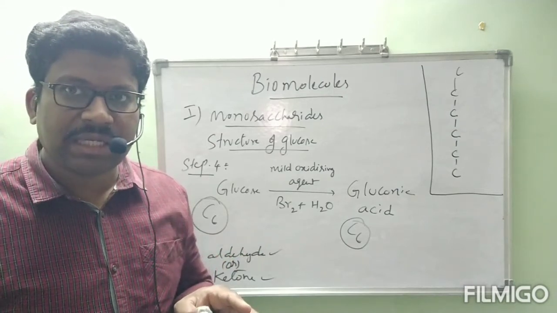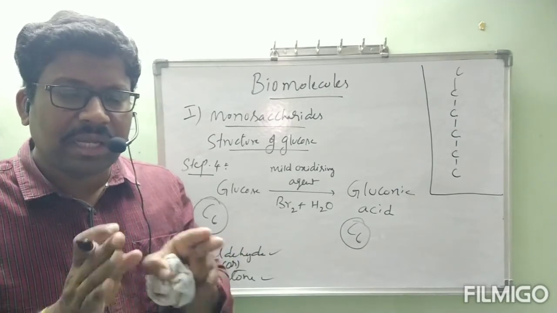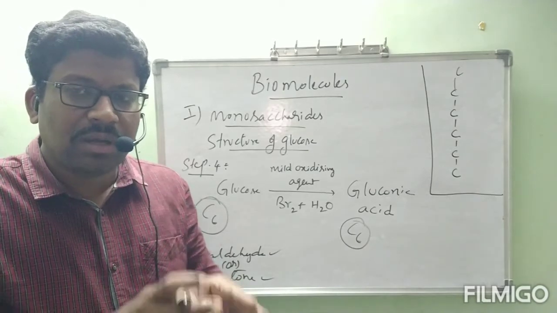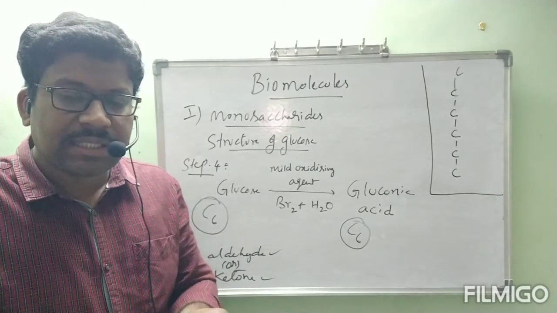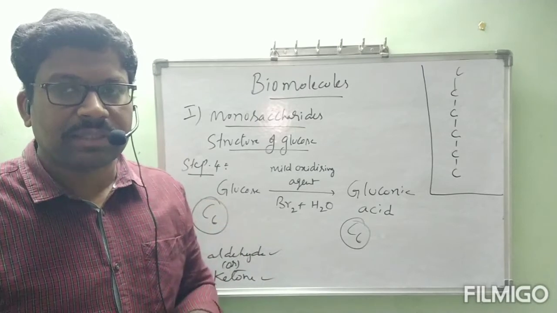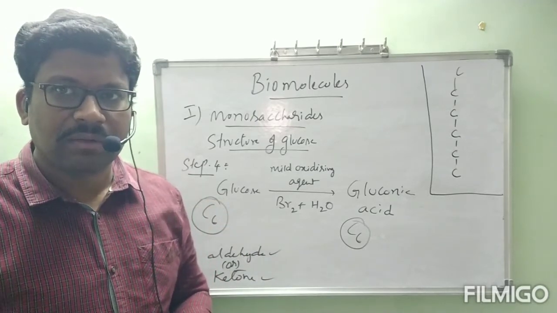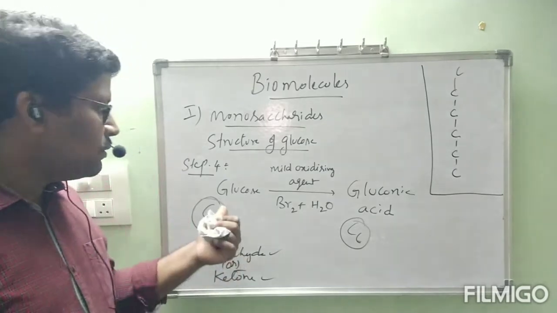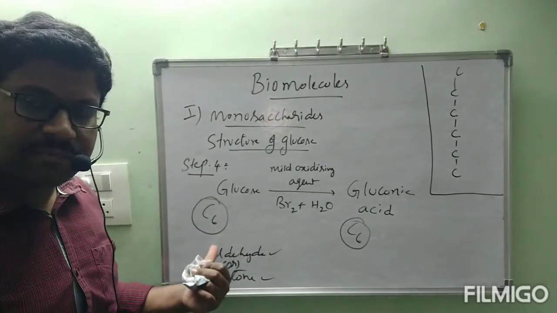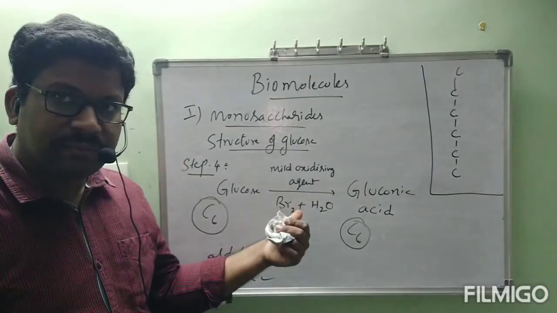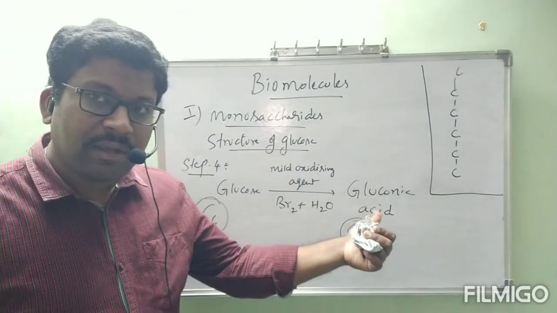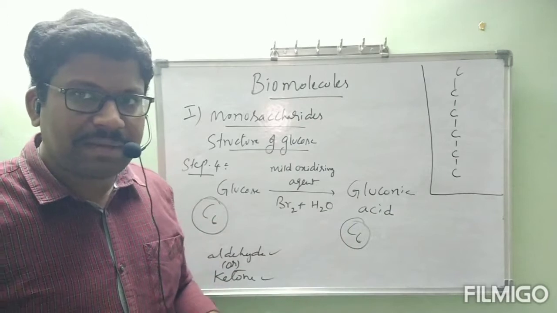In aldehydes, ketones and carboxylic acids we have seen that ketones will undergo oxidation to form carboxylic acids not with the same number of carbon atoms, definitely with fewer carbon atoms. Now, what is the conclusion? Glucose with 6 carbon atoms undergoes oxidation to form gluconic acid with how many carbon atoms? 6 carbon atoms.